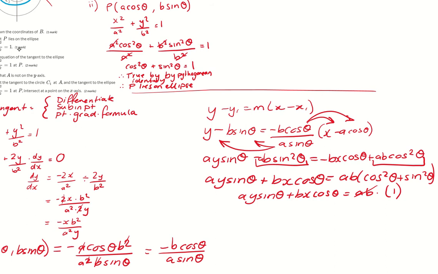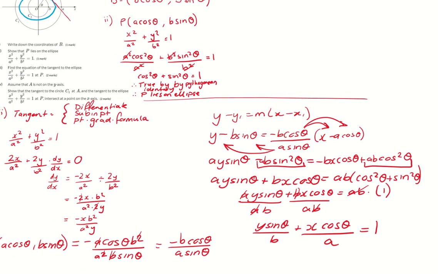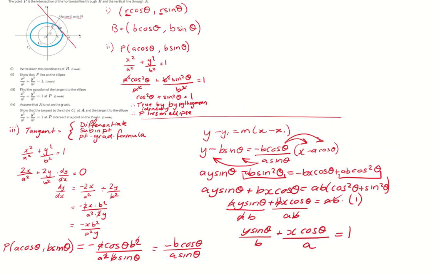So I'm going to divide by ab. My a will cancel, my b will cancel, and I have y sine theta on b plus x cos theta on a is equal to 1. And there is the equation of the tangent to my ellipse at point P.